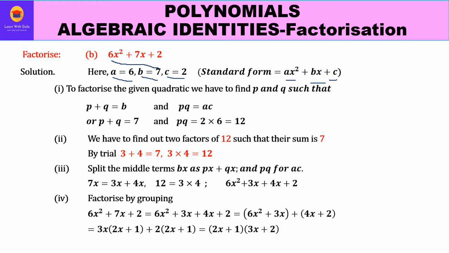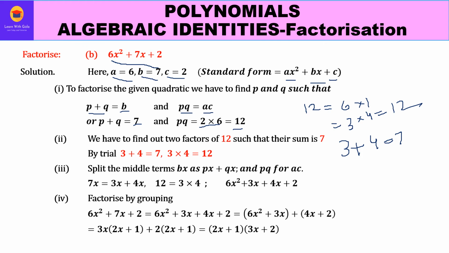So a, b, c are identified now, right? Now you want two numbers p and q, whose sum is b, that is 7, and p into q is a into c, that is 2 into 6, which is equal to 12. Now factorize 12, either you can have 6 into 1 or you can have 3 into 4, right? I think 3 plus 4 you will get 7, and 3 into 4 is 12, right?